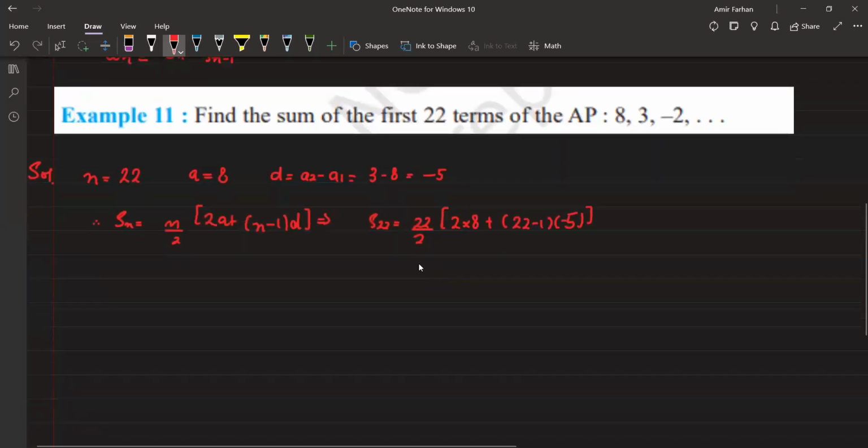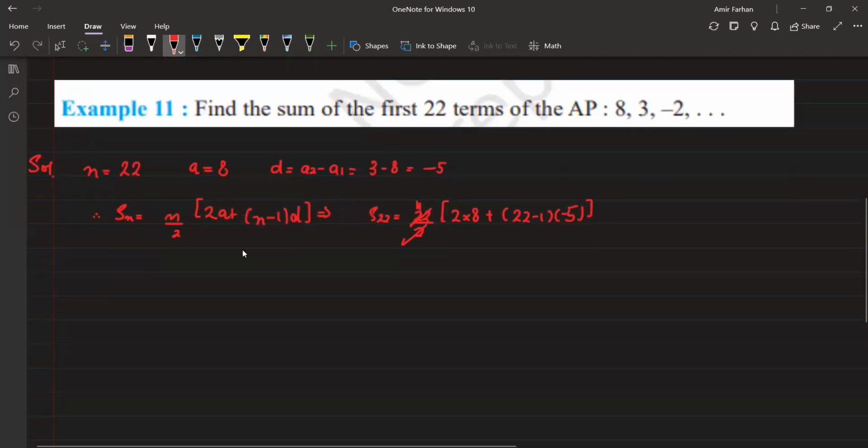So this will be cancelled out by 11 times. S22 is equal to 11 into 16 plus 21 into minus 5, 21 into 5 is 105, so minus 105.